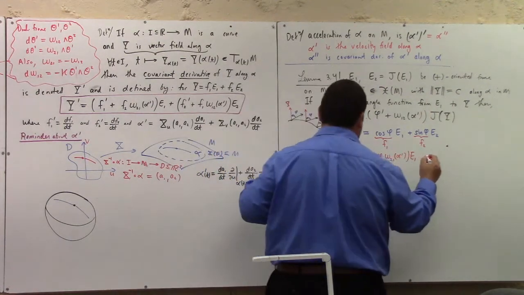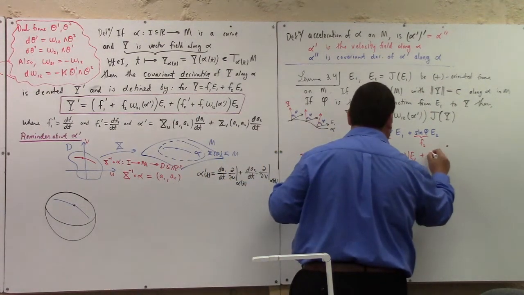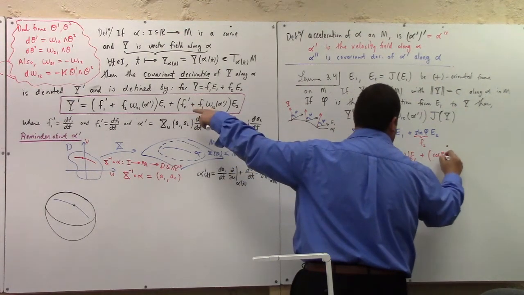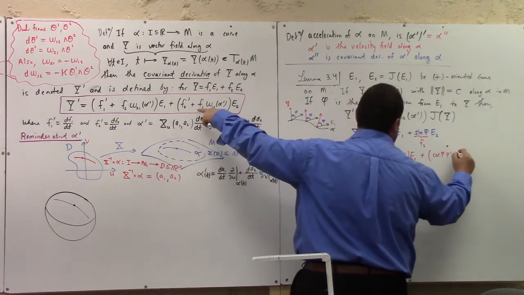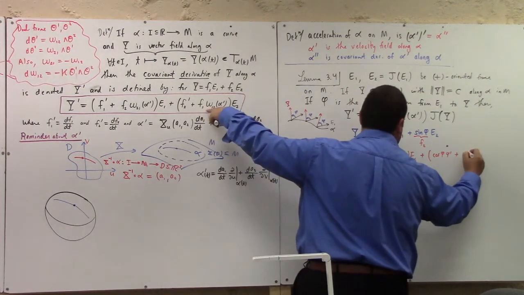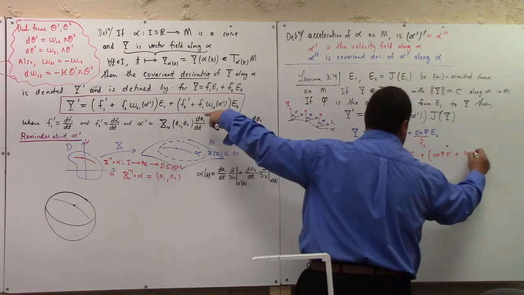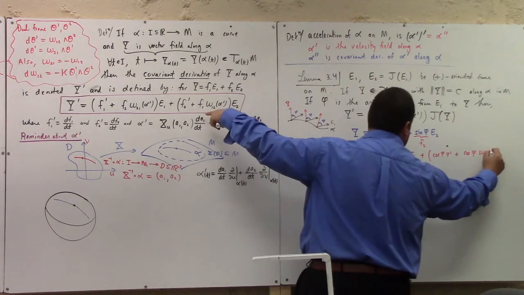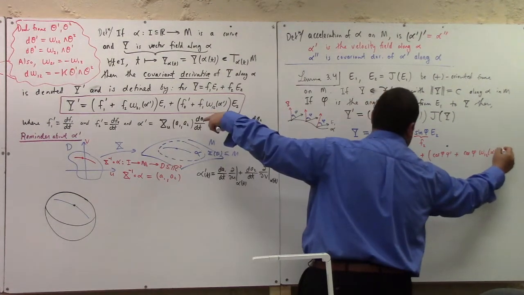And then plus F2 prime, which is cosine phi phi prime, plus F1, which was cosine phi, omega 1, 2 alpha prime, all of that times E2.